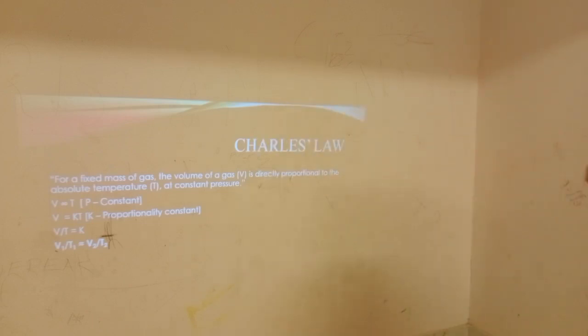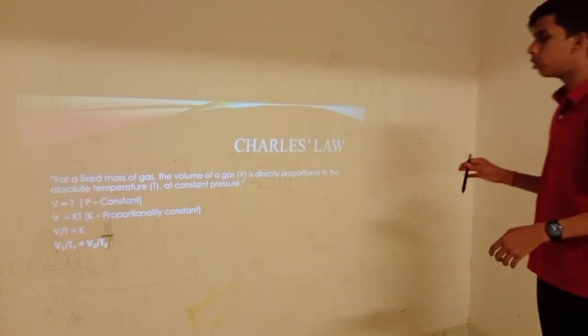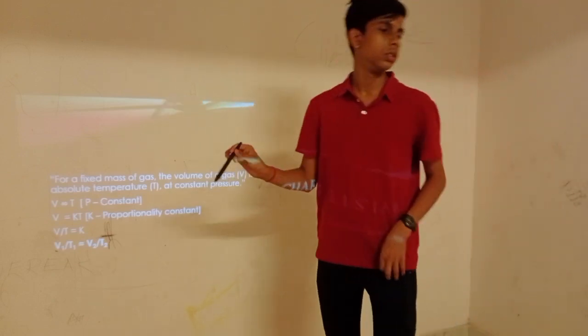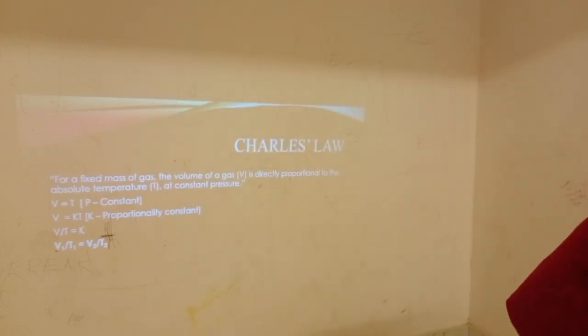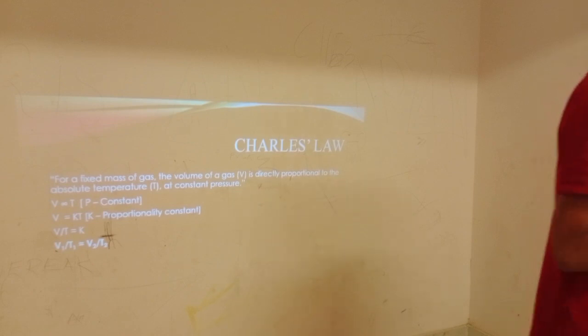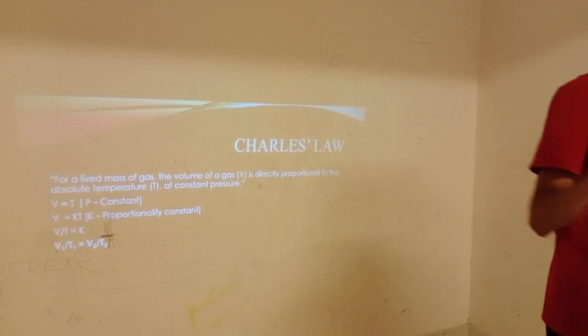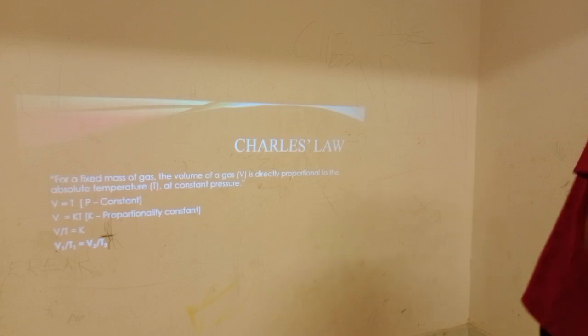Now the equation is basically V1 upon T1 is equal to V2 upon T2. Now, how we derive this: according to the law, the volume of a gas is directly proportional to its temperature. So V is directly proportional to T when P is constant.